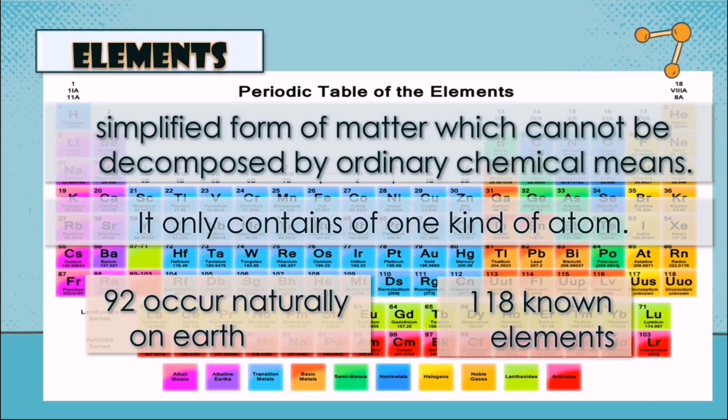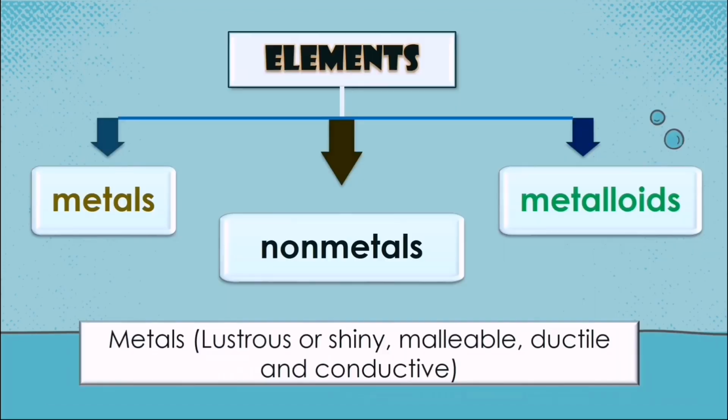We all know that elements are composed of metals, non-metals, and metalloids. Metals have the properties of being lustrous or shiny, right? Metals are shiny. Gold is shiny. You can see it, gold, silver. Next is malleable. This means it can be flattened thin without breaking.